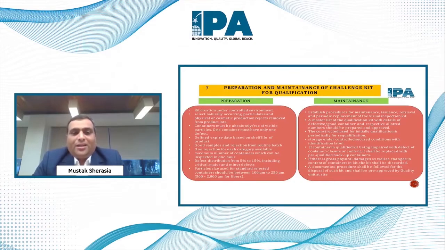The kit can be replaced if you find any damage during visual inspection, and it should be replaced with a pre-qualified container. And after expiry, if you find any specific visual defects, then it can be discarded altogether. So the kit has to be controlled very carefully.